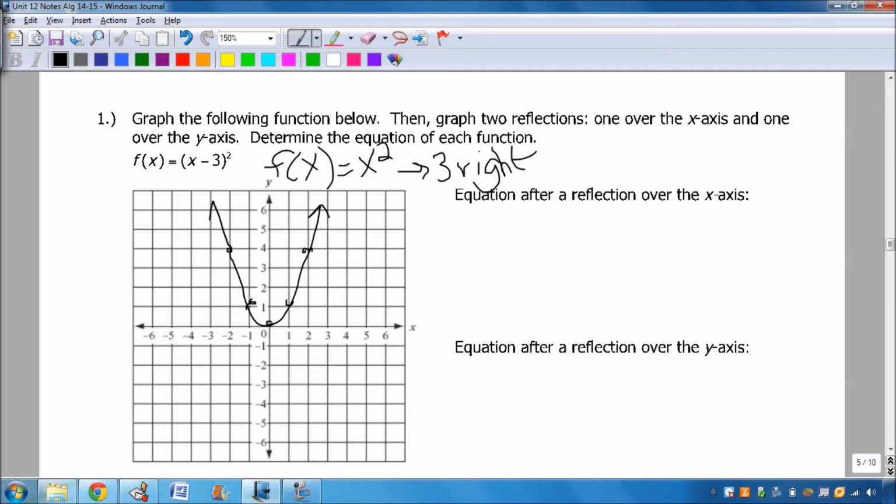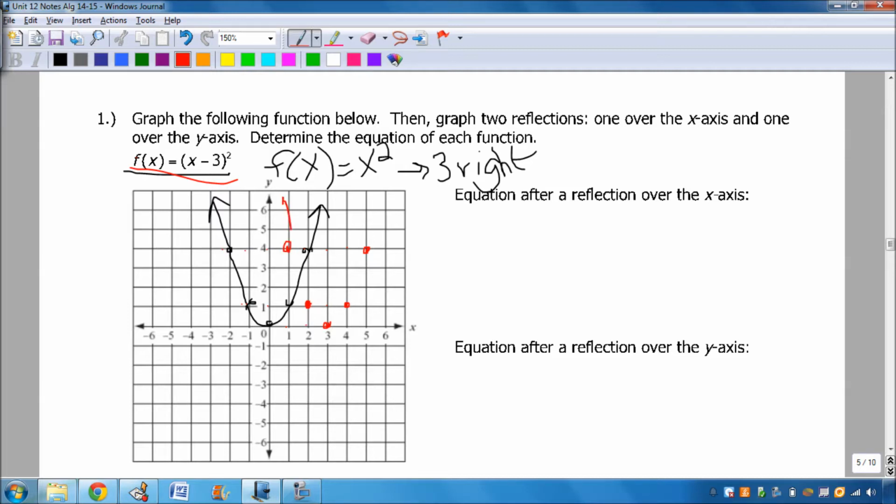So this is the parent function of f of x. In order to graph this one, we need to move it 3 units to the right, and that'll be our new graph. Take each point and move it 3 units to the right. So 1, 2, 3. I did the right half of my graph, now I'm going to do the left half. 1, 2, 3, and then here 1, 2, 3.